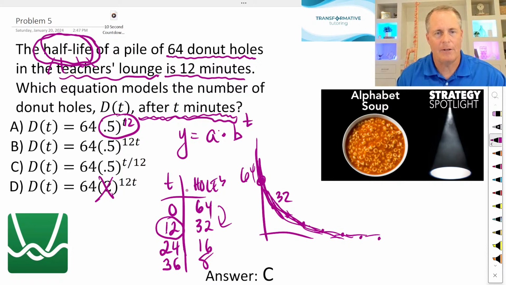There's not going to be a lot of donuts left after 12 minutes. If we put a 12 in here, that's going to be the 144th power. So that's going to be even worse. We're going to chop this pile of donuts in half 144 times. Whereas if you put a 12 in here, 12 divided by 12 is just 1. So that means our pile of donuts would get chopped in half just 1 time. And that's what we would want to have happen after 12 minutes.